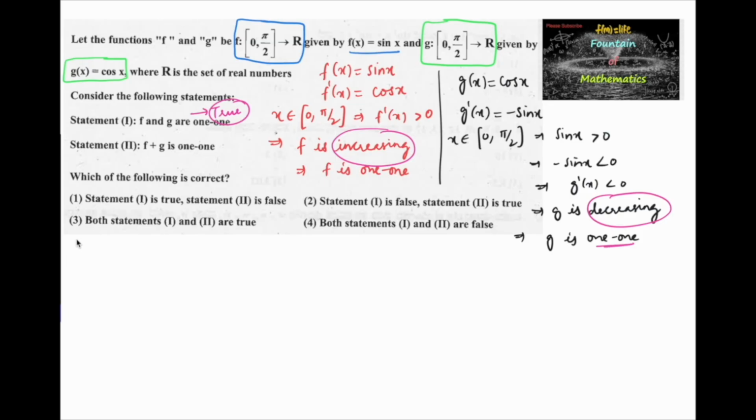And coming to the second statement, consider (f+g)(x), which is equal to f(x) + g(x), that is sin x + cos x.